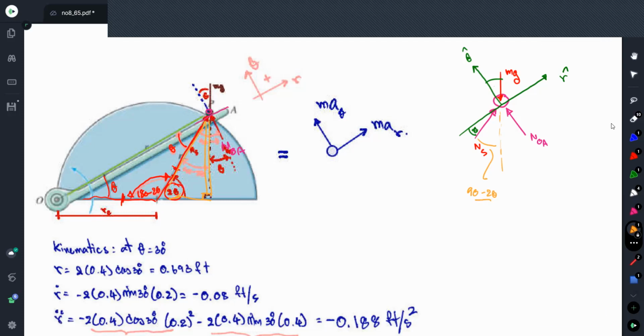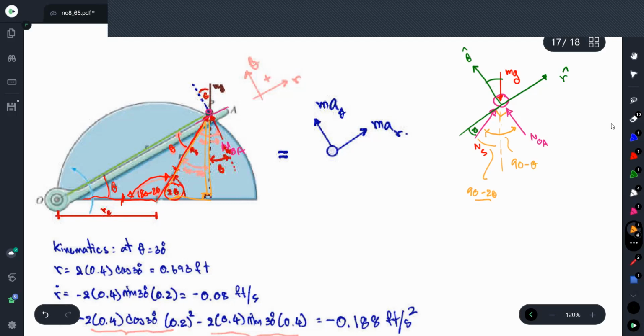In the same manner, the angle of this becomes 90 minus theta, right? So this means that this angle should be theta also.